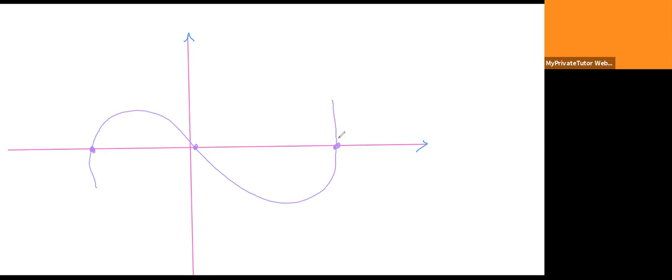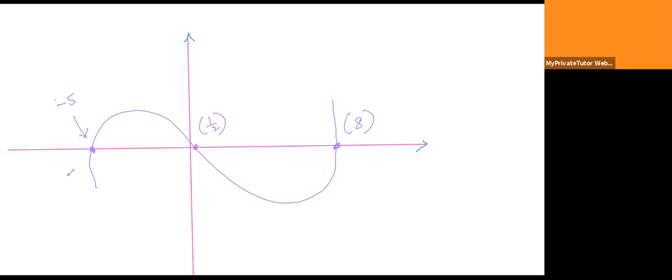Going forward in classes 11 and all, they will give the graph, they will ask you to find the polynomial equation. For example, this is minus 5, this is 1 by 2, this is maybe 8. So it's very simple again.